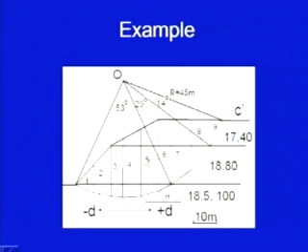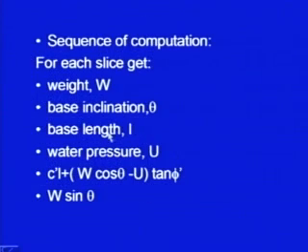Area A2 will be equal to this distance into this distance, and area A3 again you can get using the trapezoid formula. Then weight will be equal to A1 into 1 into gamma 1, then A2 into 1 into gamma 2, and A3 into 1 into gamma 3. So, we will calculate the weight of each slice.